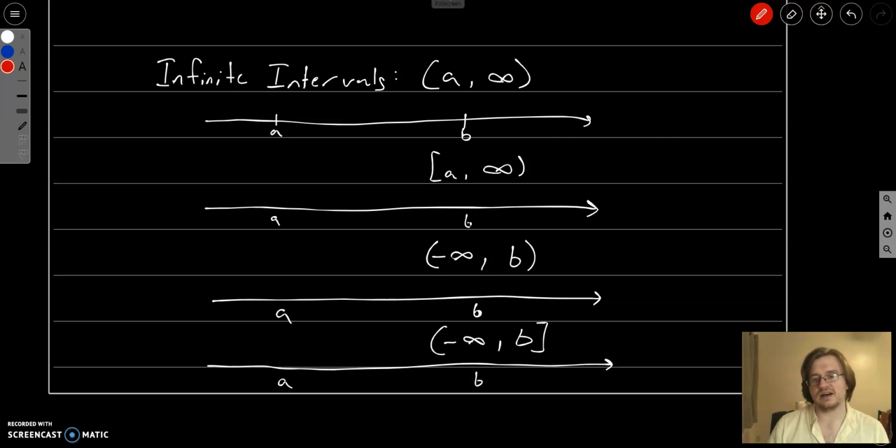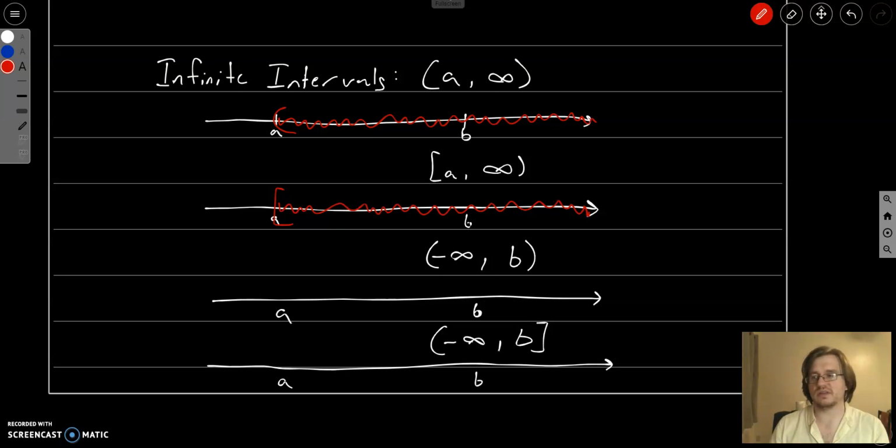Notice that the parenthesis on infinity means that we're not going to include infinity, because infinity is not a number. We don't include it inside of the interval. It is always a parenthesis on infinity. So in this case, we're not going to include a, but we're going to include everything bigger than a. Here we are going to include a and everything bigger than a.